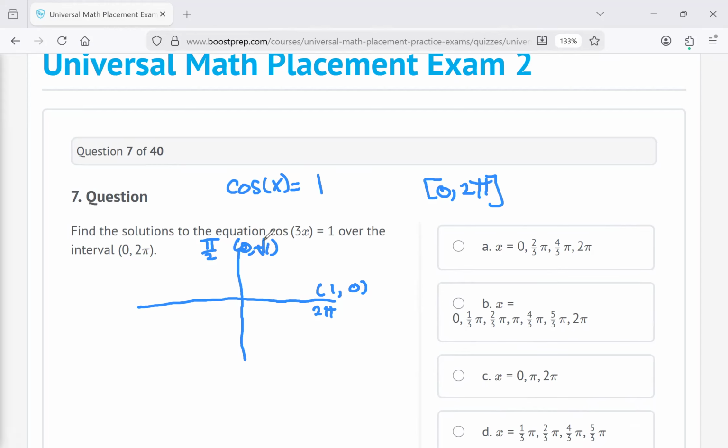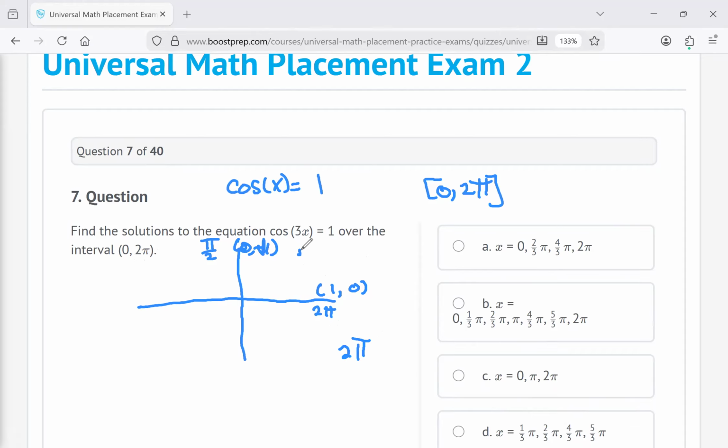We want an x coordinate of 1. I think 2 pi is the only answer, because which coordinate gives you a cosine of +1? So I think it's 2 pi.